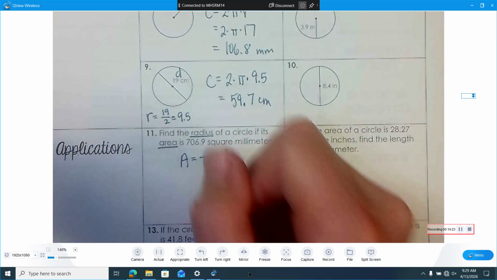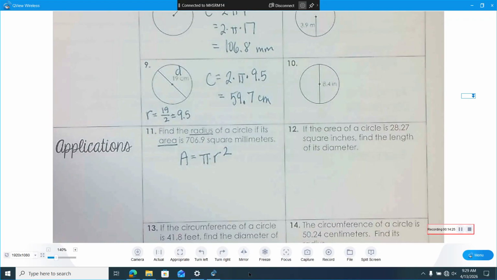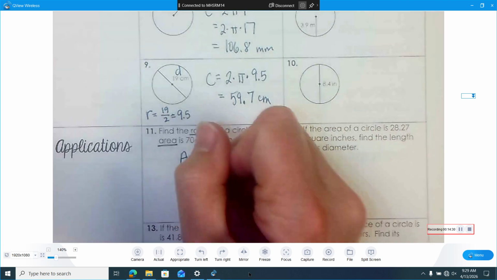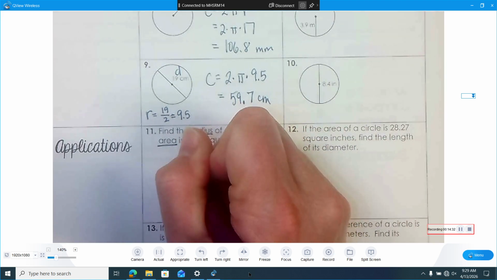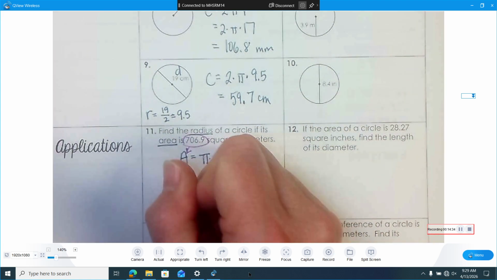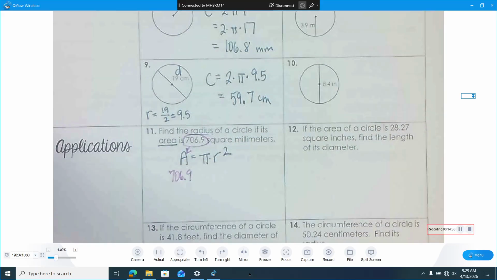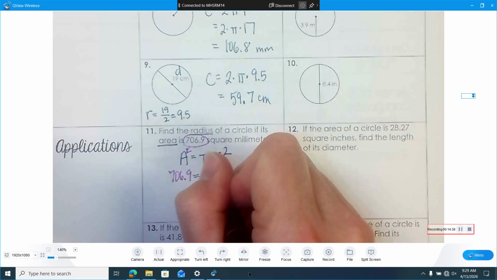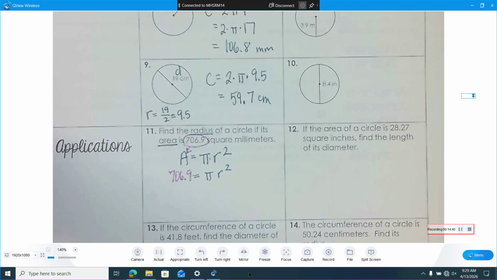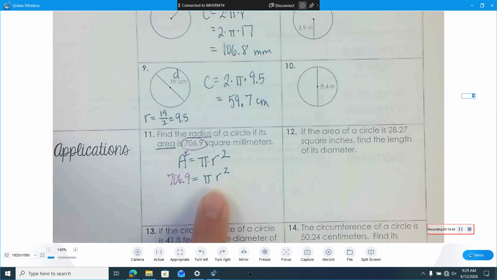Good. What can we plug in? The area was 706.9, so I'm going to put that in place of the area, and that's going to allow me to figure out the radius.